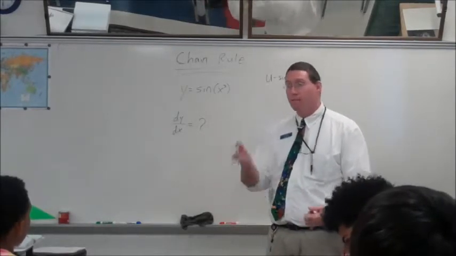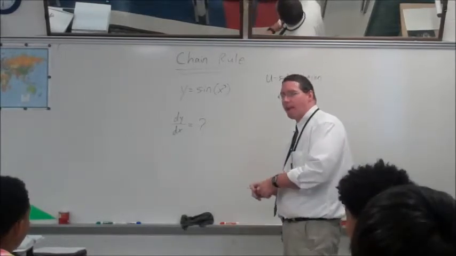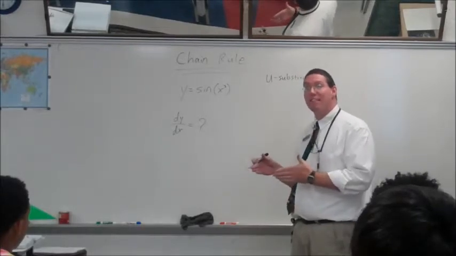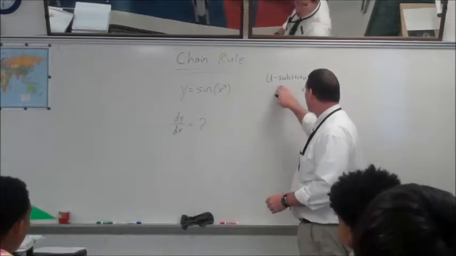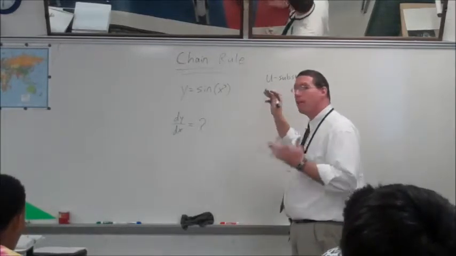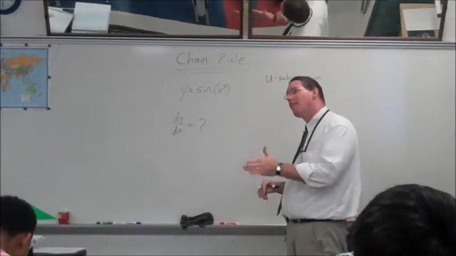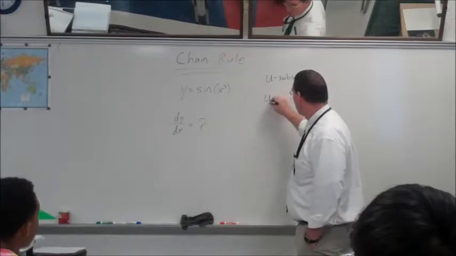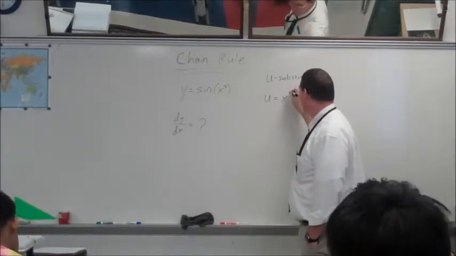Sine, right? Sine of x would be the outside function. What would you call the inside function? X cubed, right? It's the function that has been plugged into the other function. So typically what you do with U substitution is you take the inside function and set it equal to the letter U. So we're going to say that U equals x cubed.